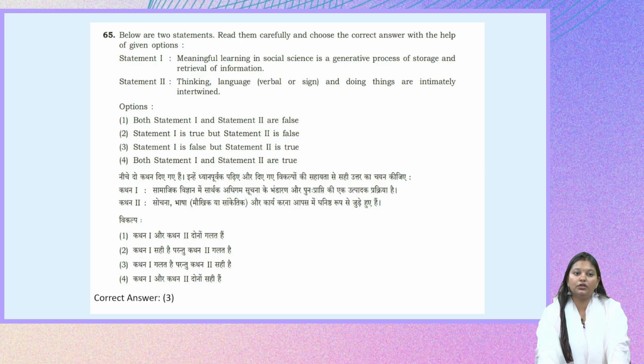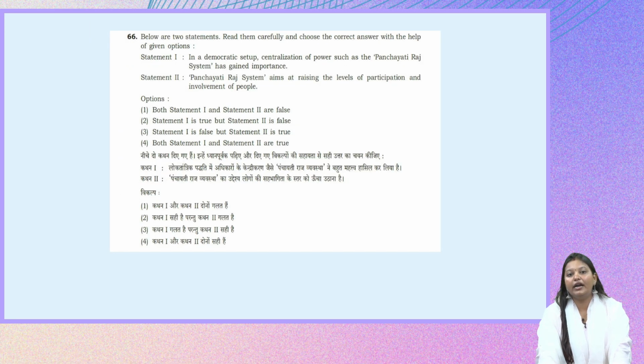The next question, below are two statements. Read them carefully and choose the correct answer with the help of given options. The first statement is, in a democratic setup, centralization of power such as the Panchayati Raj system has gained importance.